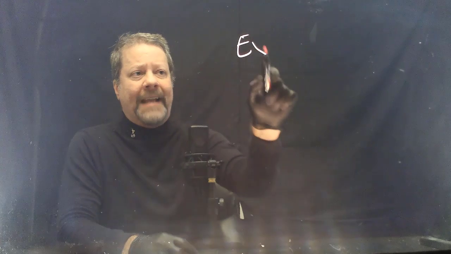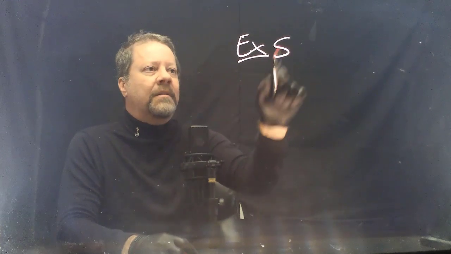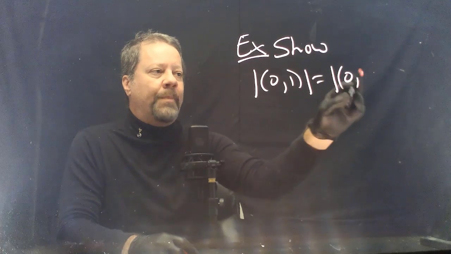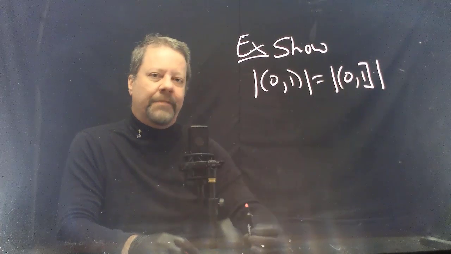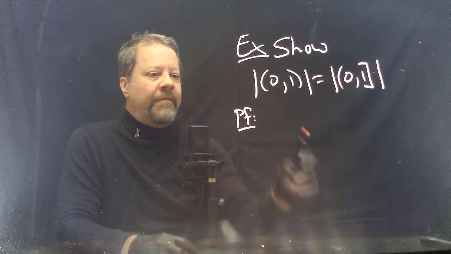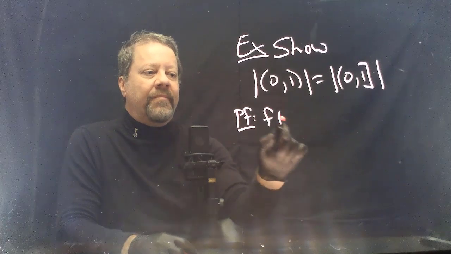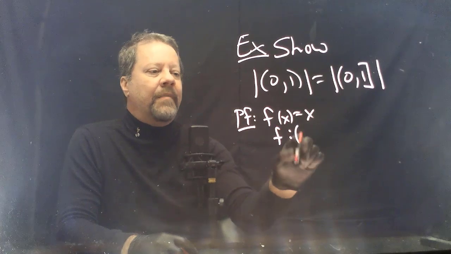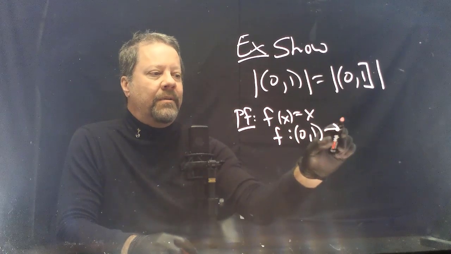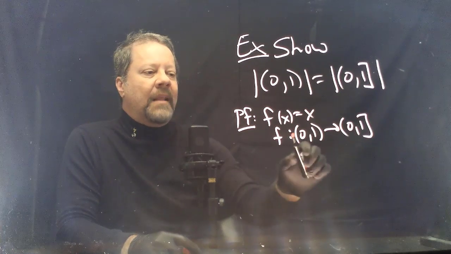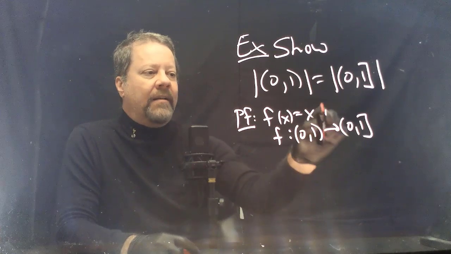As an example of an application of the Schroeder-Bernstein theorem, I want to show that the cardinality of the open interval (0, 1) is the same as the cardinality of the half-open, half-closed interval (0, 1]. So first, consider f of x equals x. This maps (0, 1) into the other set, and it does so in a one-to-one way.